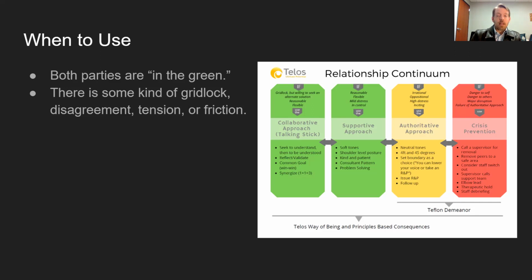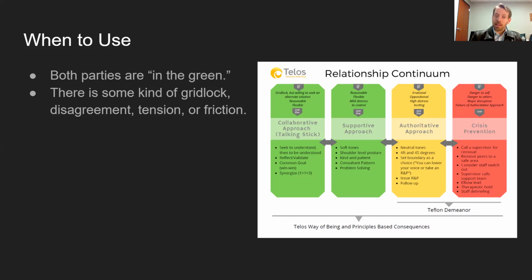So one thing to keep in mind is that utilizing the talking stick certainly assumes that the student is in a place where they can still be somewhat flexible and where, although they may be under stress, they're still able to be reasonable and rational. We utilize another tool called the relationship continuum that can help you understand when it's the right time to use it.